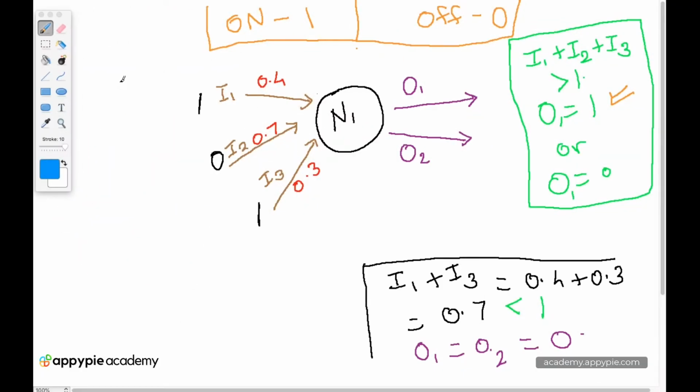Okay, a bias is basically a direction where you tend to make a decision.